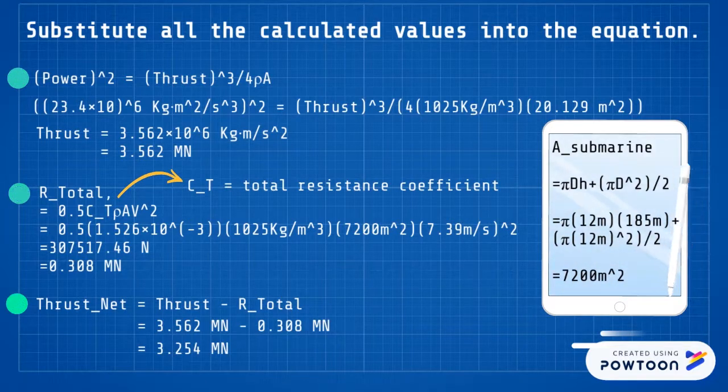In this case, the calculated values of thrust is 3.562 meganewton and the total resistance is 0.308 meganewton. By substituting both values, the net thrust produced is equals to 3.254 meganewton.